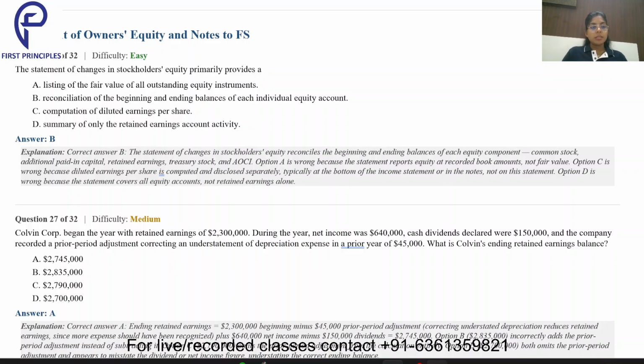Then option C, computation of diluted earnings per share. Is diluted earnings per share calculated with the help of the statement of changes in stockholders' equity? No, we can calculate it even if this statement is not prepared. Then option D, summary of only the retained earnings account activity. Does stockholders' equity contain only a summary of retained earnings? No, not at all. So option B is the correct answer.